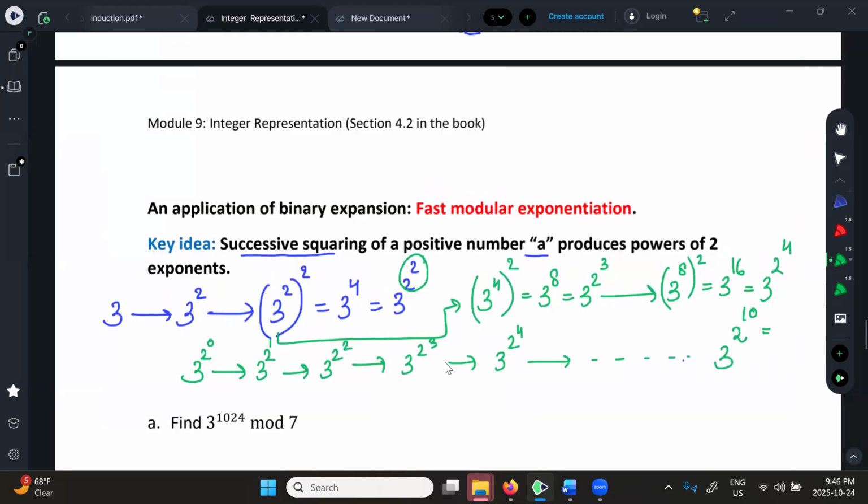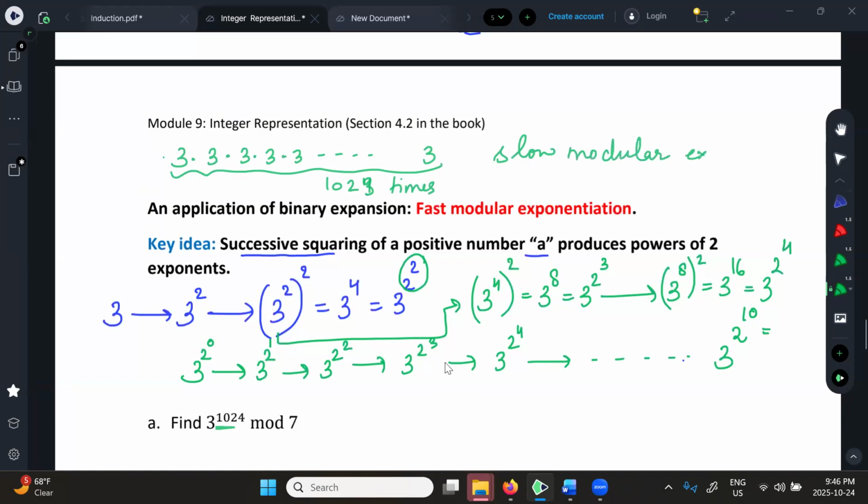If I were just to multiply 3 again and again, which would be slow modular exponentiation, to get to 1024, I would have to multiply 3 times 3 times 3 times 3, 1024 times, or 2 to the power 10 times, right? Which is slow modular exponentiation.